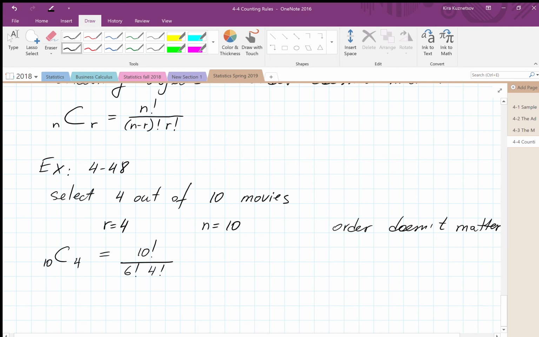You're more than welcome to figure this out by hand, or go into math, go over to probability, go down to number 3, NCR. You will put 10 as the number to the left of the C, 4 as the number to the right, and the answer is 210. So there are 210 different ways to select 4 movies from 10.